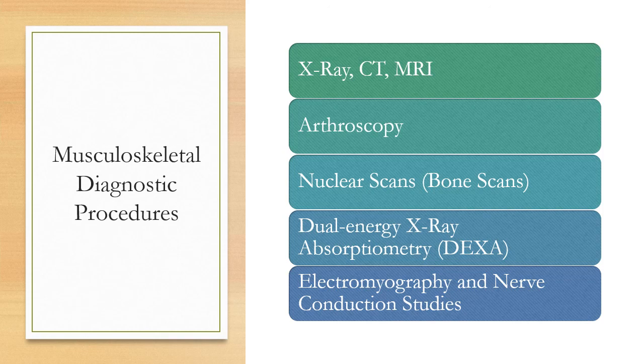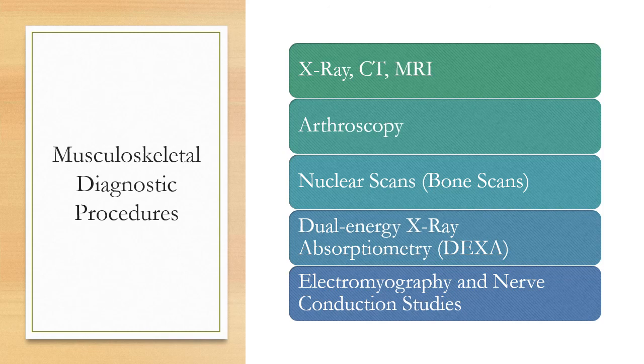So very, very sensitive test, okay? And remember, there's no radiation associated with an MRI. There's minor radiation associated with an x-ray, and there's significant x-ray, depending on what body part is being imaged, with a CAT scan, okay?